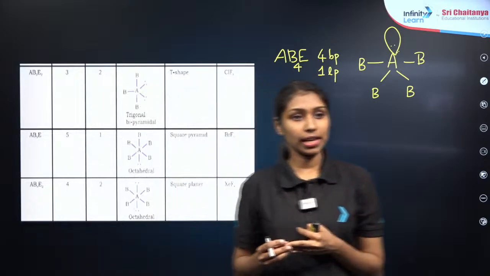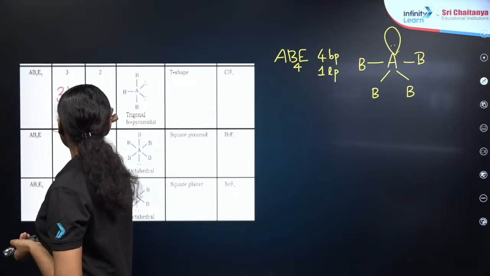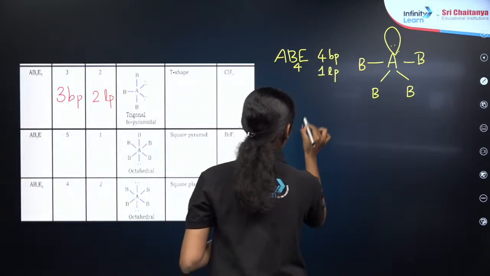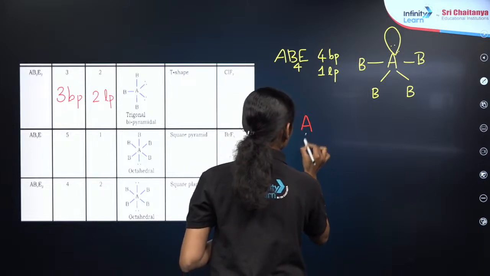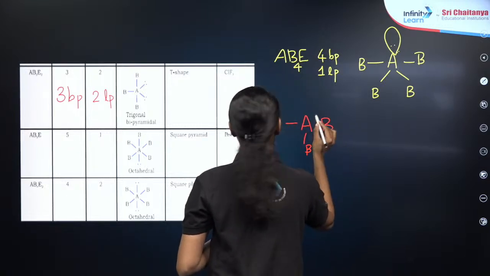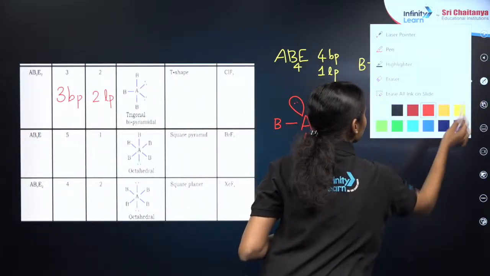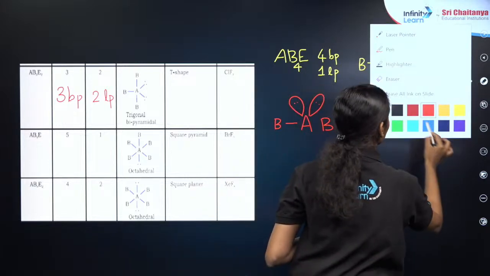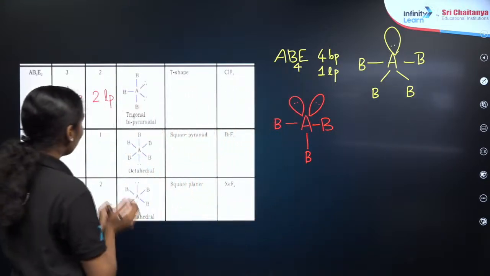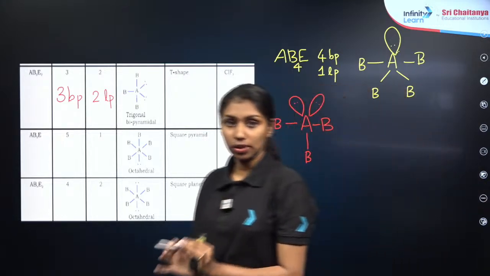The next type is AB3E2, which means 3 bond pairs are present along with 2 lone pairs, right? 3 bond pairs with 2 lone pairs. If we consider the AB3E2 molecule, we feel that it must again have a trigonal bipyramidal structure, but we are considering only the bond pairs of electrons.